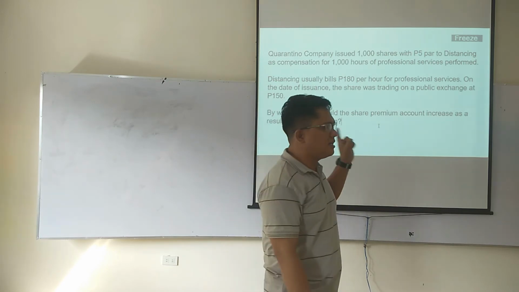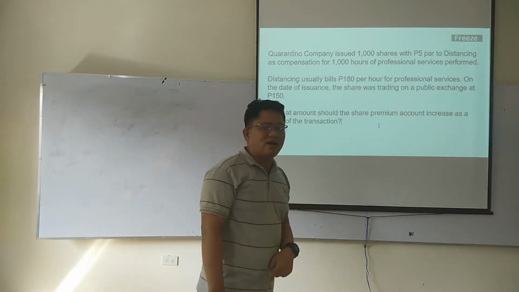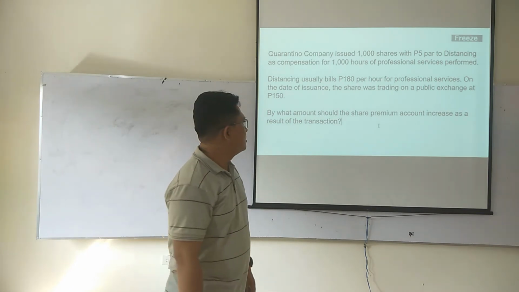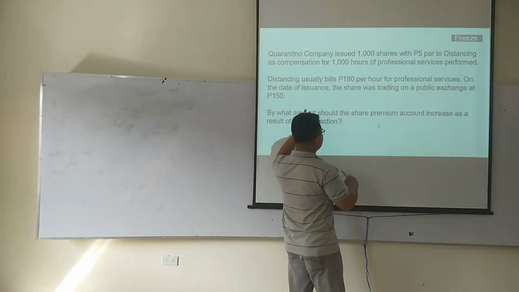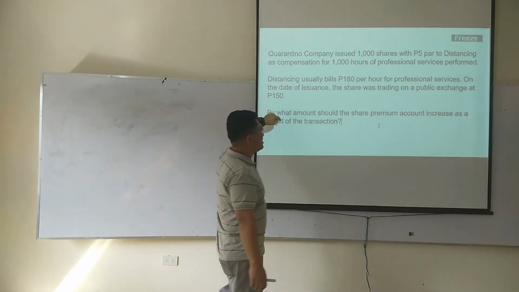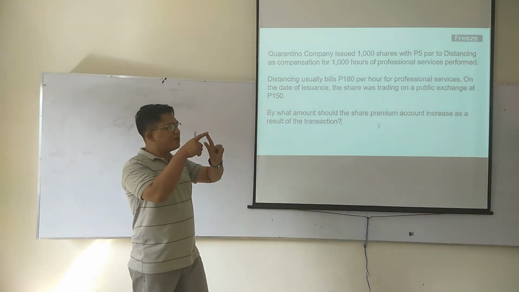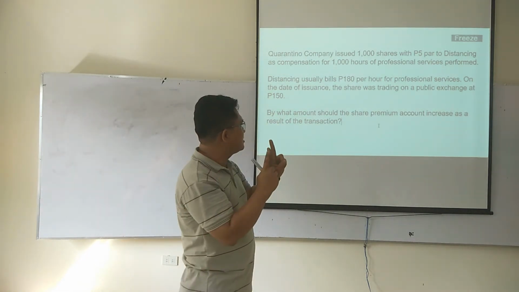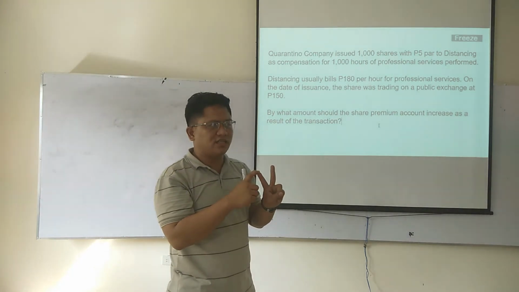Since it's negotiable, that doesn't count as the fair market value. So the safest is the share price on a public exchange, which is the fair market value of the shares. The fair market value of the service is not available, so let's go to the second option, which is the fair value of the shares issued.